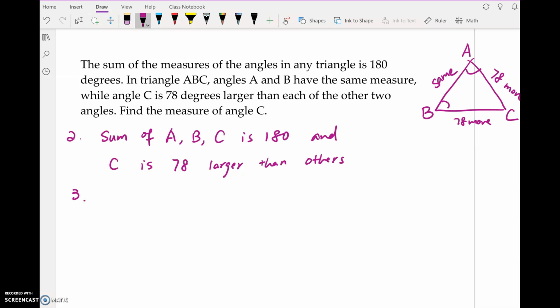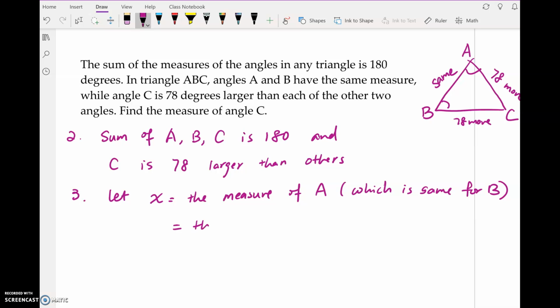So we want to find the angle for C, but it's really hard to let X be the angle for C. So we're going to let X be the measurement of A, which is the same for B. Then the measurement of C is going to be 78 larger than the others, so X plus 78.